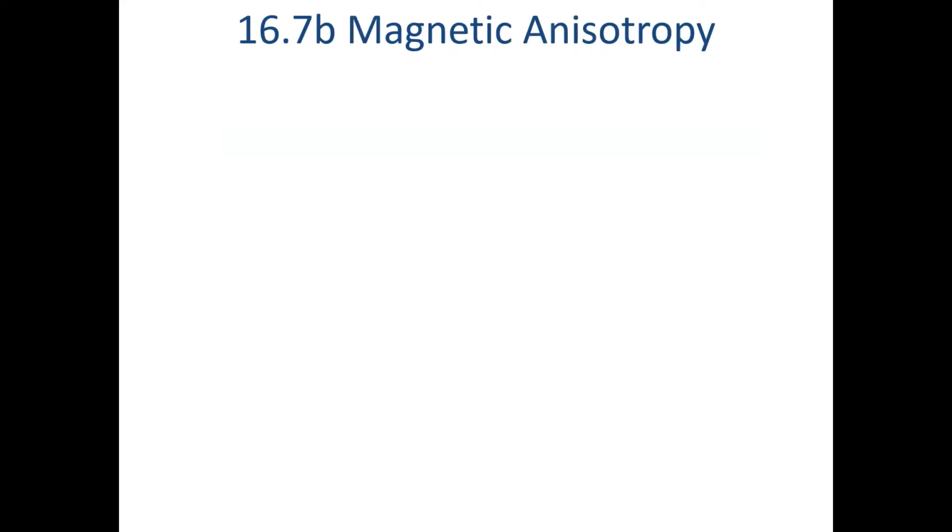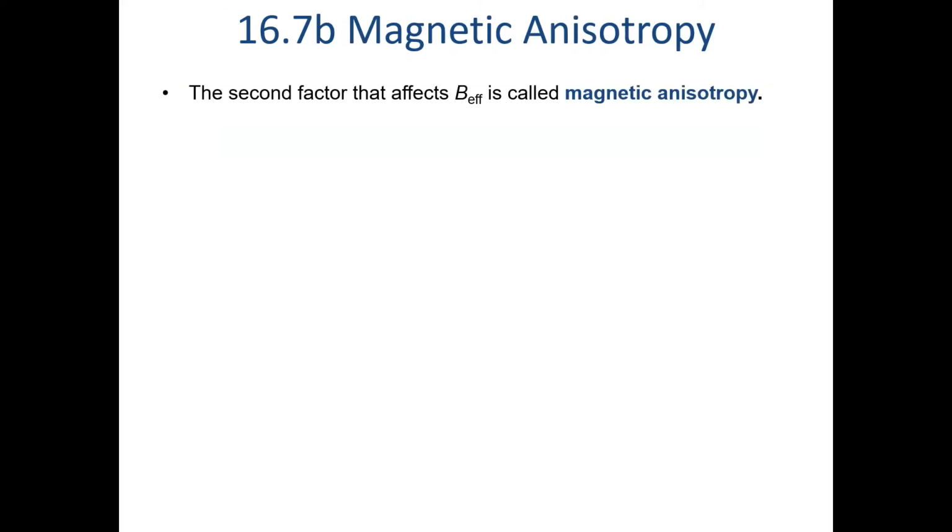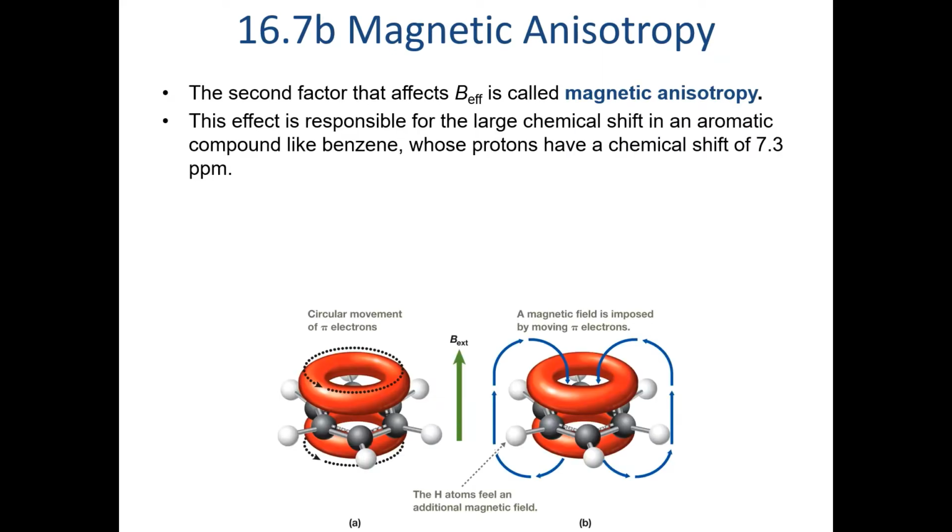We talked about this briefly before, but again, the second factor that affects the shift is magnetic anisotropy. So here's an example of benzene. Benzene has a large system of p orbitals that are all talking together. That's why it's aromatic. So the molecular orbitals aren't just on one spot. Because of that, we can actually move electrons around a much larger ring.